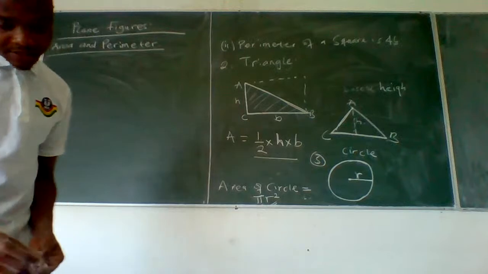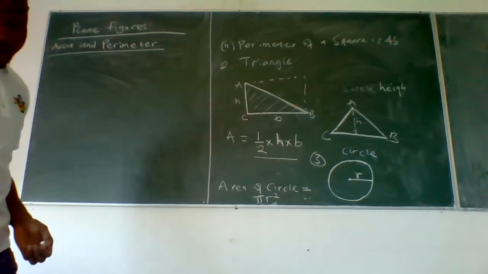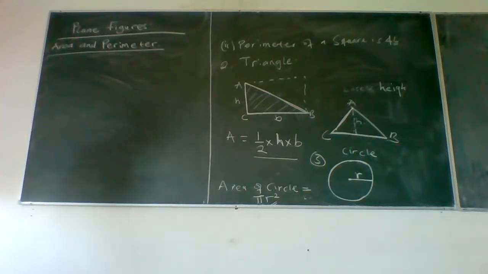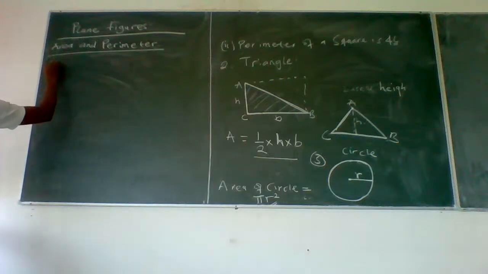Okay, the first question is: find the area of a square whose perimeter is 80 centimeters. So very simple.